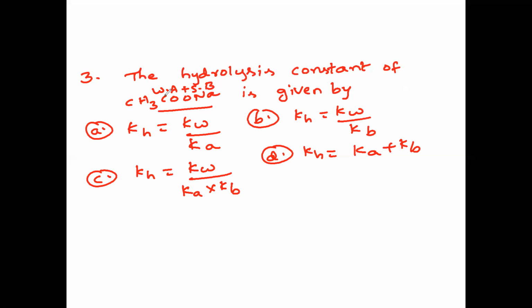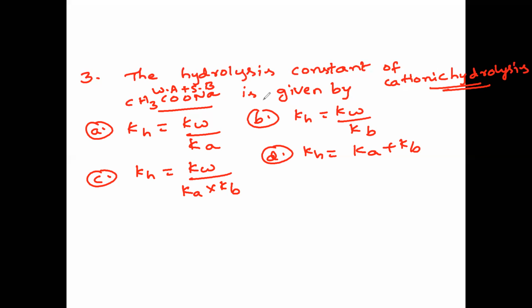Here the anion CH3COO minus will combine with water and form the weak acid again. So it undergoes anionic hydrolysis.